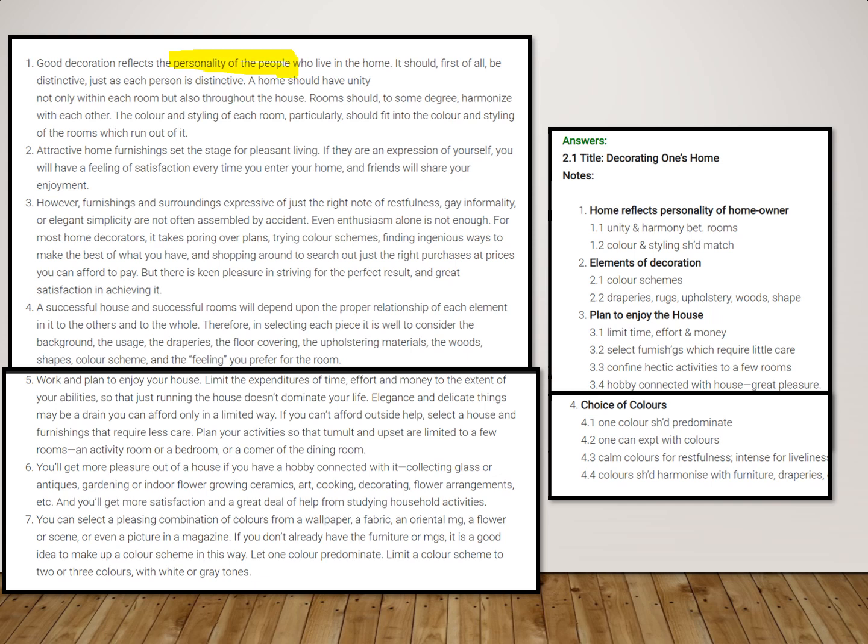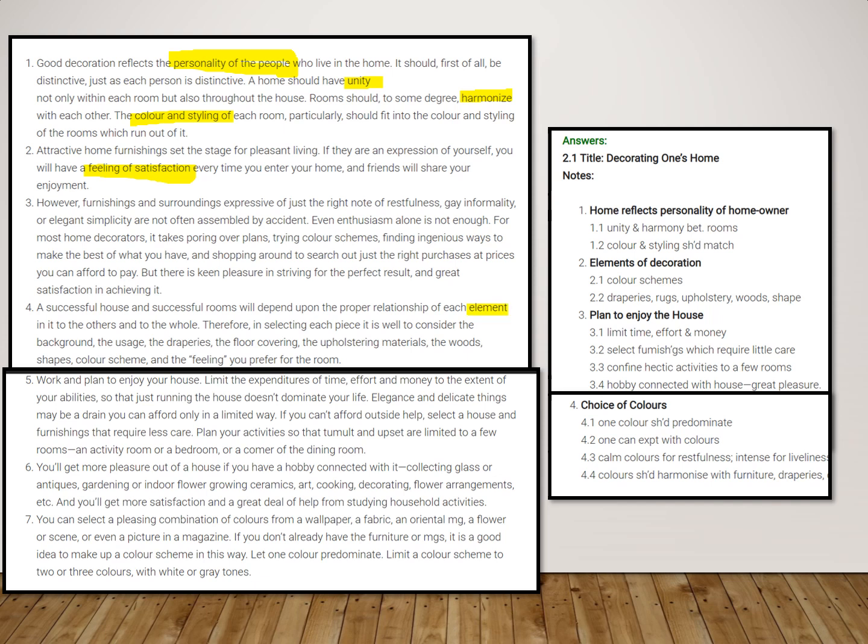So let us see, if we look at the personality of a homeowner, what is it that he sees? There has to be unity and harmony between the rooms. It can't be suddenly different and bizarre. There has to be color and styling that should be matching, and there has to be a lot of satisfaction.